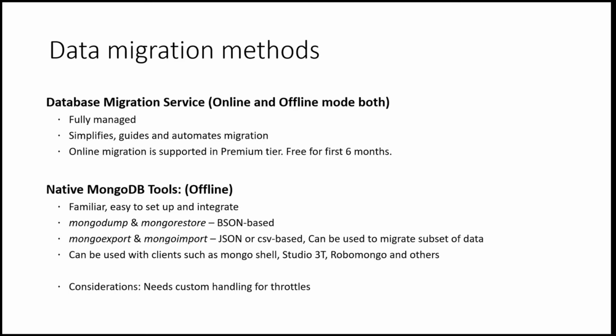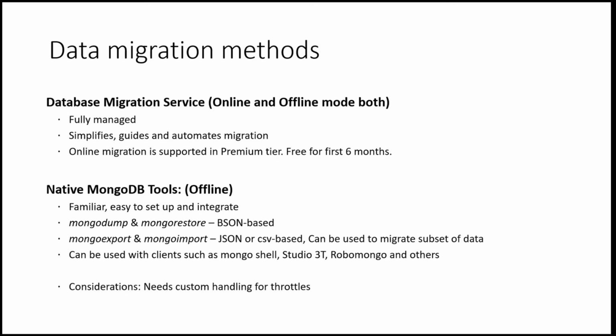You can, of course, use native MongoDB tools as well over here for offline migration. These are tools that customers are very often familiar with, those who come from a MongoDB background. So mongodump and mongorestore, which are BSON-based dumps, and mongoexport and mongoimport. These are JSON or CSV based and can be used to even migrate a subset of data. So you can filter with the mongoexport command only the data that you want to export, and even choose to migrate just that.